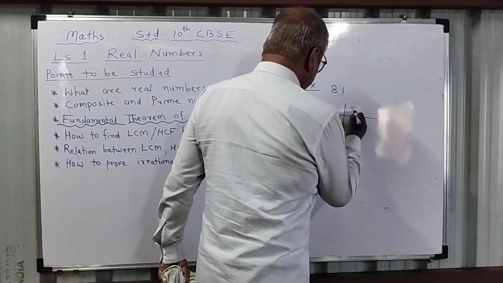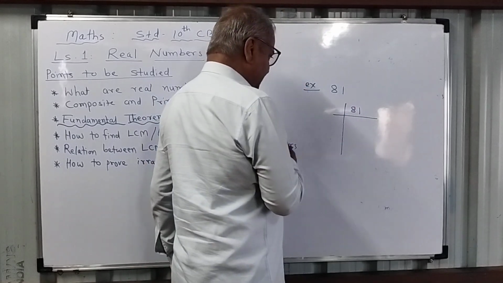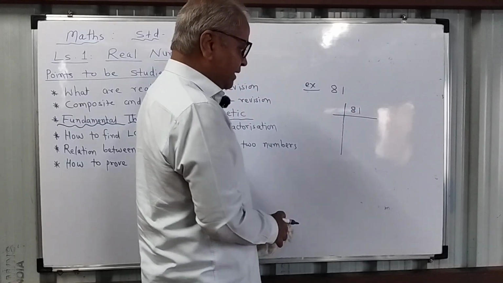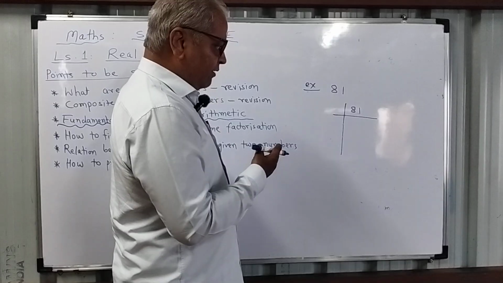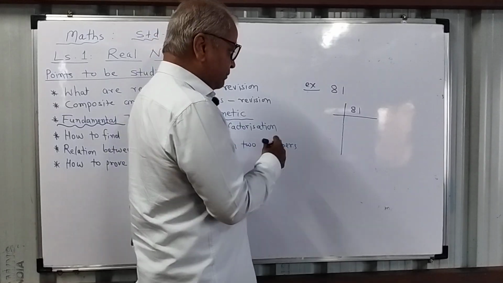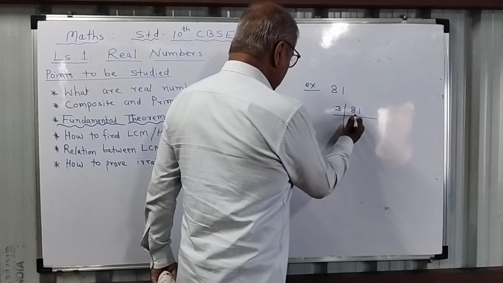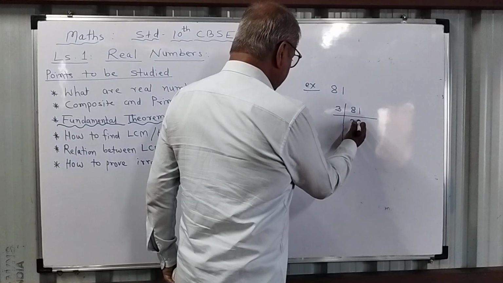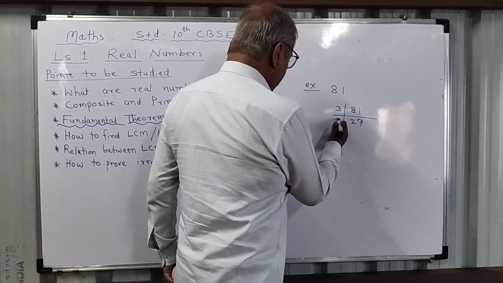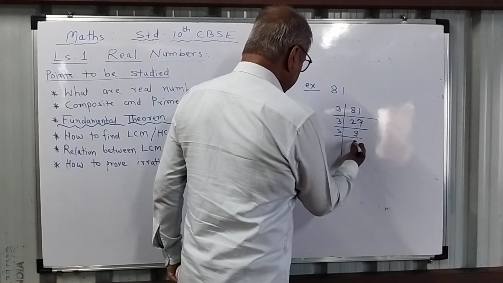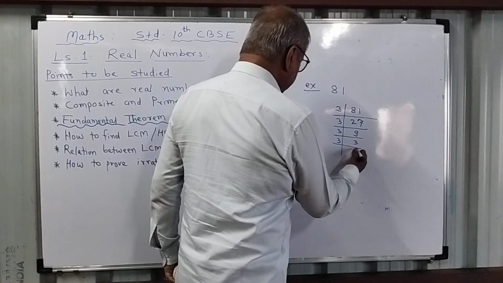So let us take 81. Find the factors. There is 1 at the unit place, so it will not be divisible by 2. 8 and 1 make 9, so it is definitely divisible by 3. So take 3: 3 sixes are 18, 3 sevens are 21, so 81 divided by 3 is 27. Now 3 nines are 27, and 3 threes are 9, and 3 ones are 3.